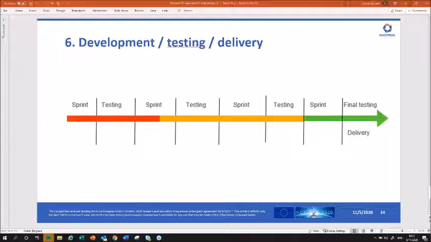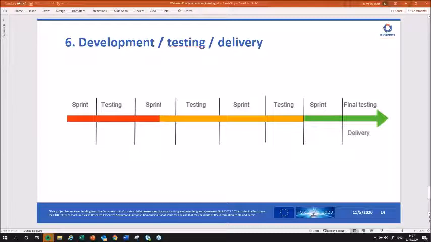Sprints are basically short periods of time where we take one requirement or maybe multiple requirements and we develop until we reach a point that we say, okay, this item is now ready for testing. So after 2 or maybe 3 weeks, we have designed maybe a taser with some basic functionalities that are ready for testing.